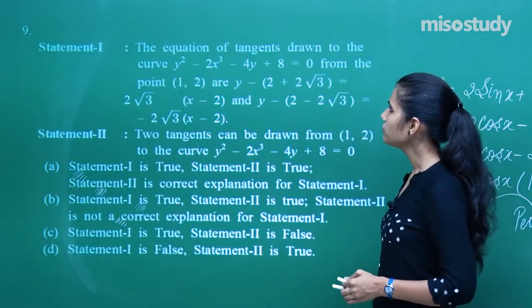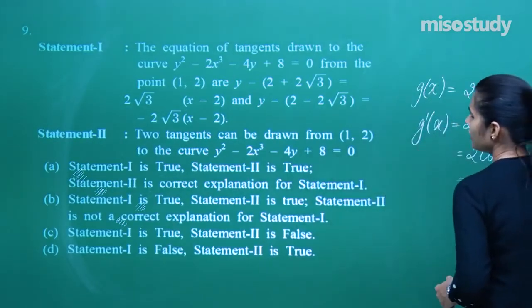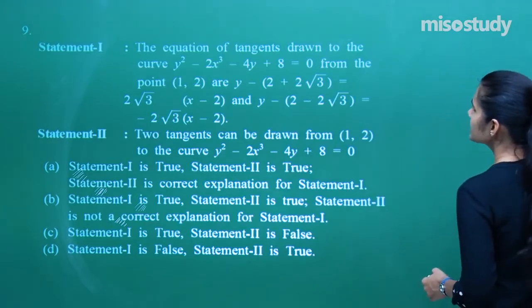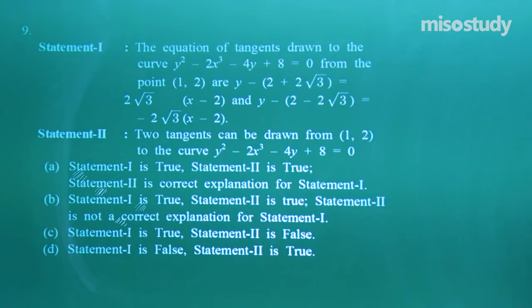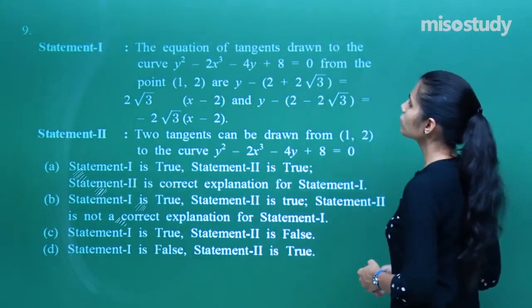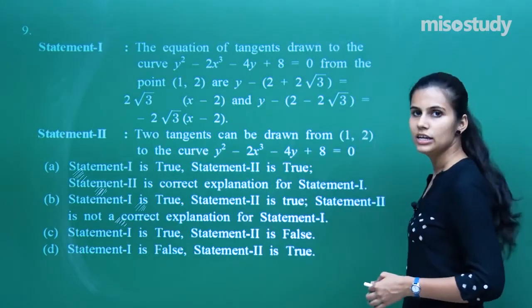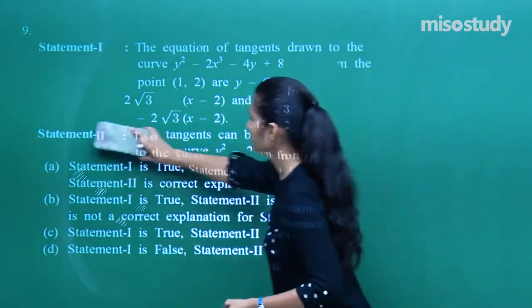Moving to the next question we have, there are equation of tangents drawn to this curve from this point are this or not. Okay, so we need to verify whether the equation of tangent drawn from 1, 2 to the given curve are these given ones or they are not.